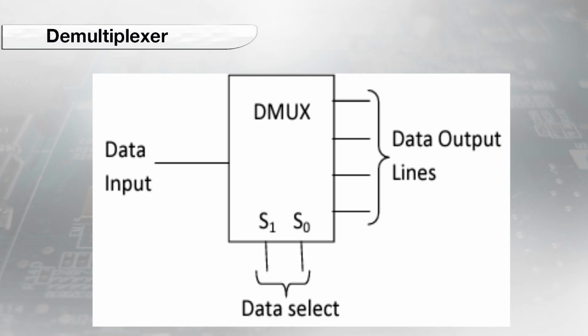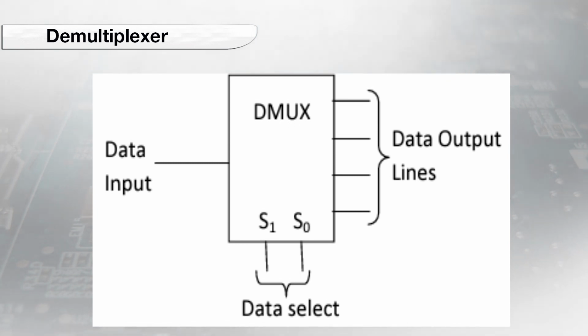Now, the data is provided at the input along with the selection lines. Here we have 4 outputs, so we will require 2 selection lines. These 2 selection lines will decide which output the data is given to. The selection lines play a significant role here. The combination of the selection lines 0 0, 0 1, 1 0, 1 1 will decide the output at which the data will be given.